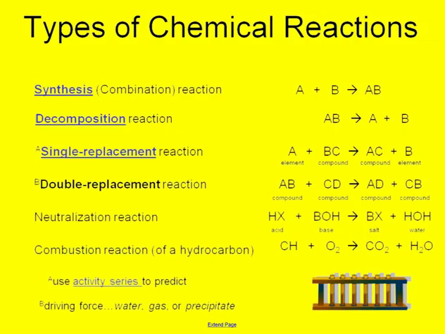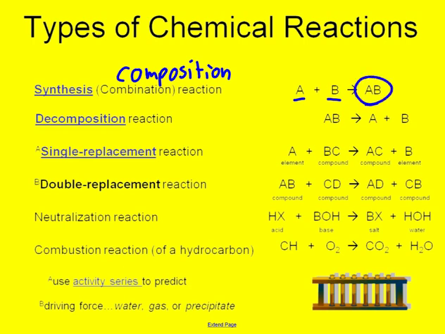Final page. This is your reference chart. This is all of the reactions you're expected to know, all put together. So, when synthesis or combination or composition occurs, you have something reacting with something and they merge.